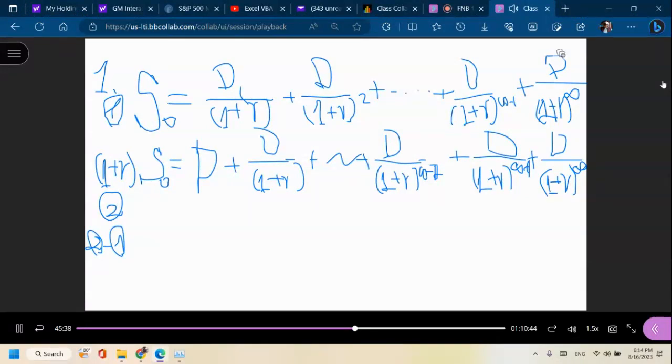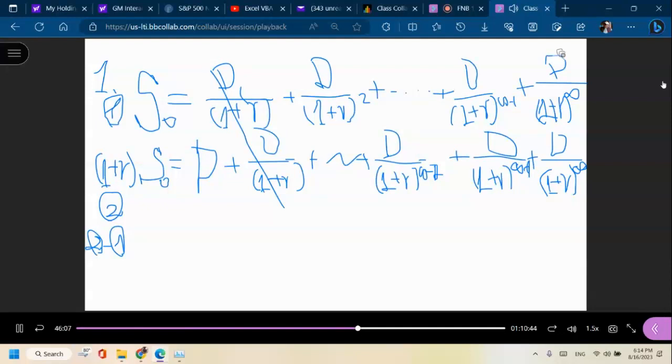Because equation 1 is being subtracted, all the signs here are negative, right? Think about it. In other words, these two will cancel out because it's subtracted.